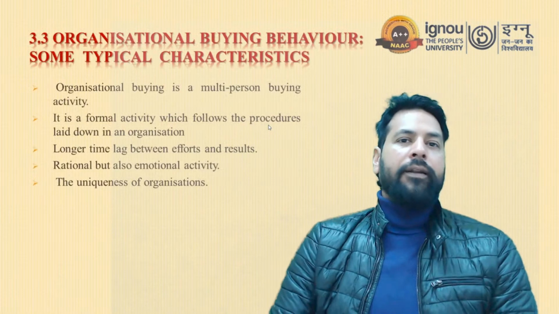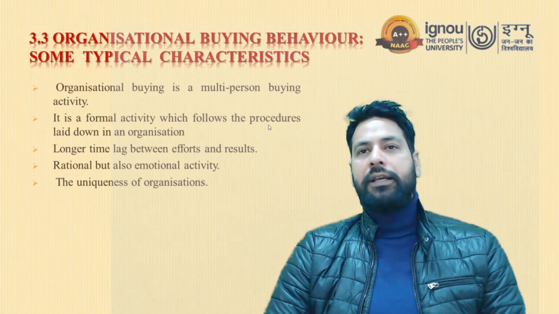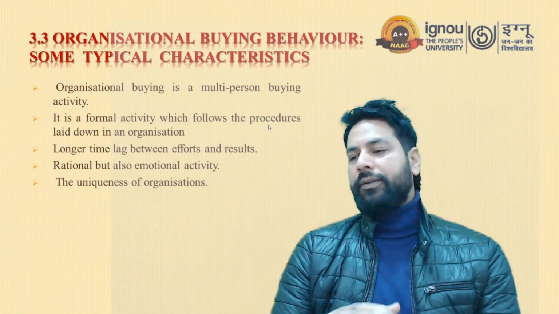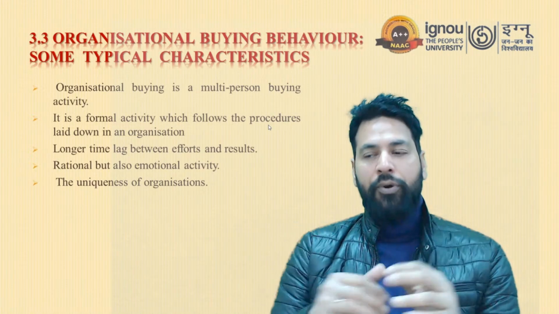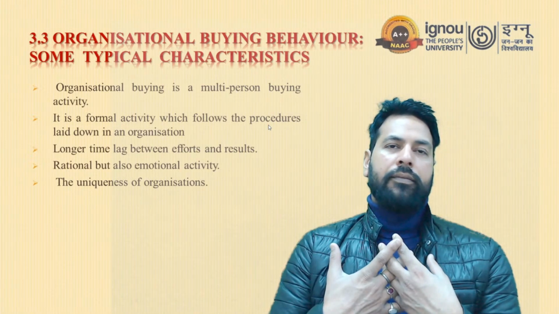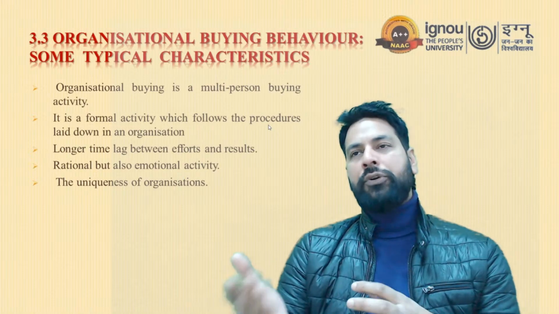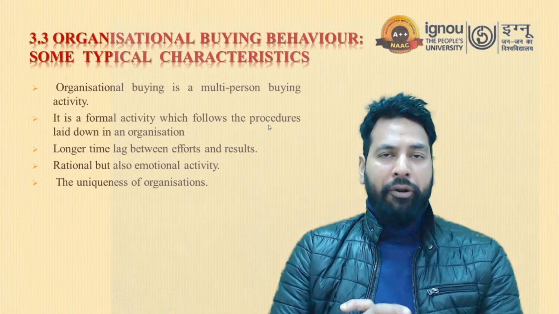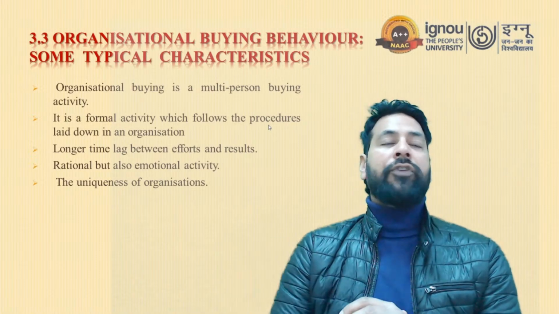Moving ahead, look at this. I told you, it is a multi-person buying activity. And it has to follow certain rules and regulations. And it has a rational orientation. As an individual, I don't mind making a purchase on the basis of my emotional motive. But in an organization, there are people with different views and different motives.